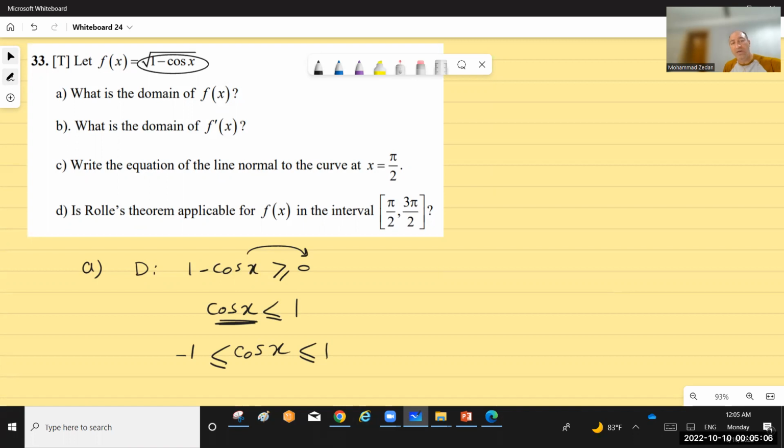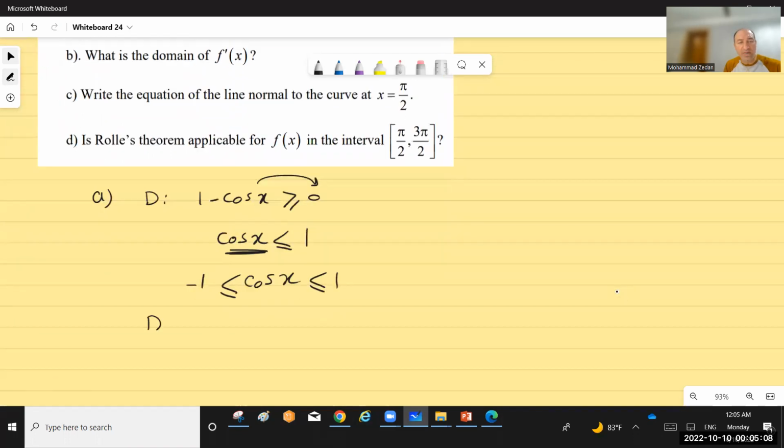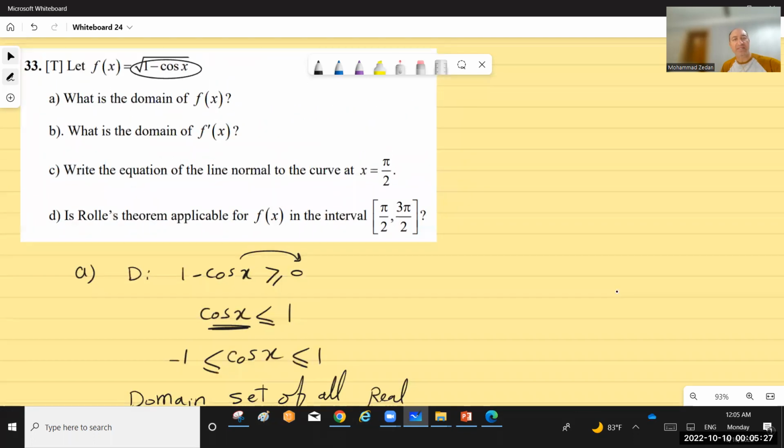So the domain here is R, the set of all real numbers, and this is correct for sine and cosine.